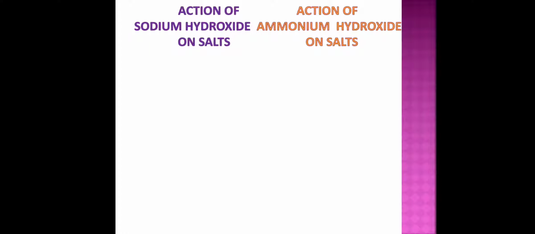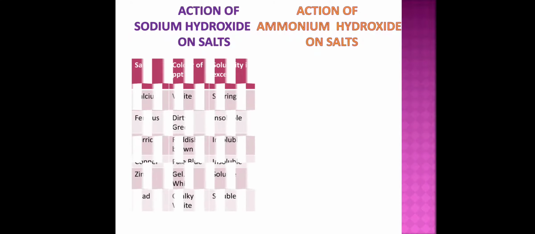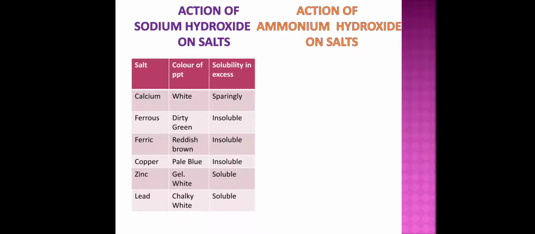Now let us see a comparison of action of sodium hydroxide on salts and action of ammonium hydroxide on salts. First we see various salts, how they impart different colors to their solutions and different precipitates are formed. First we see here the calcium salt.